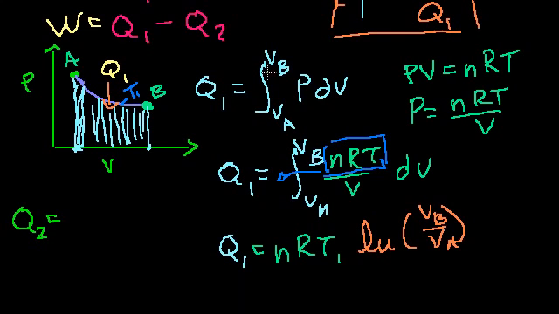But if I just want to know the absolute value of that area, because I just want the magnitude, I could go from VD to VC and I'd get a positive area. So it's the integral from VD to VC. Remember, the cycle went from VC to VD, but I just want the absolute value. I want this to be positive, so I'm turning it the other way, of P dV.